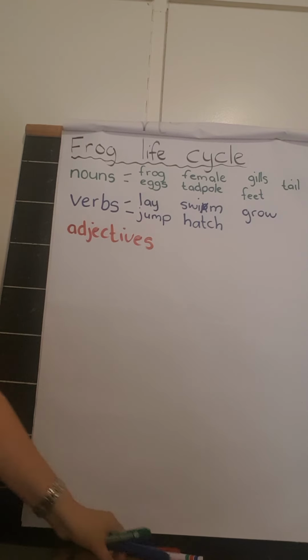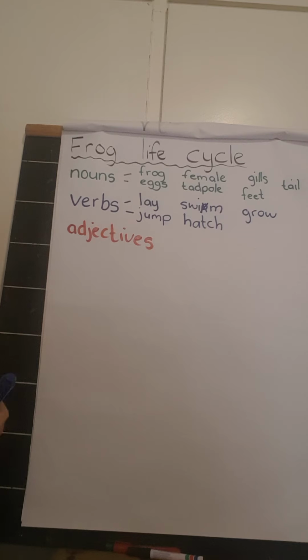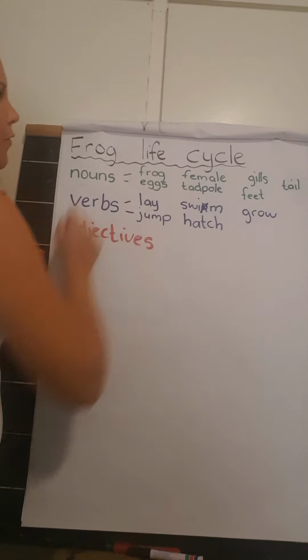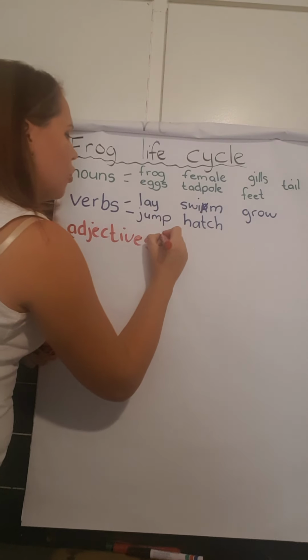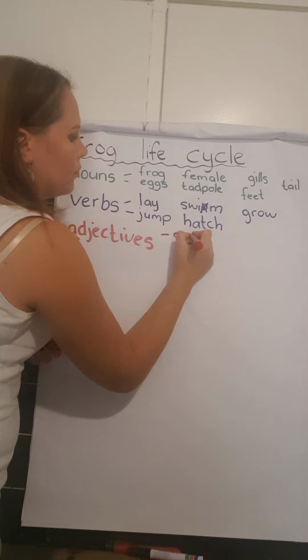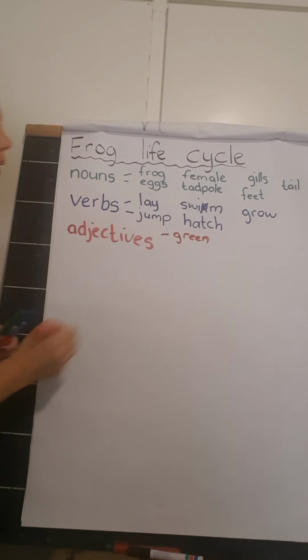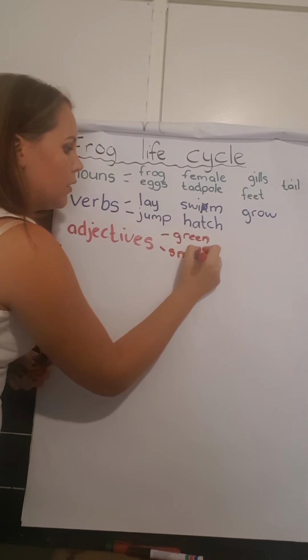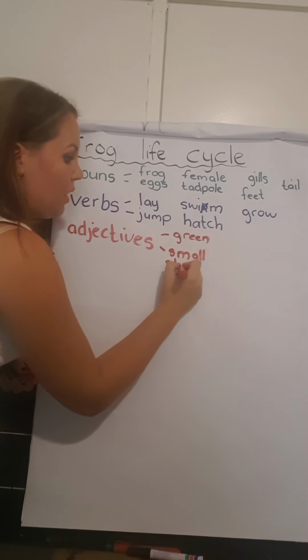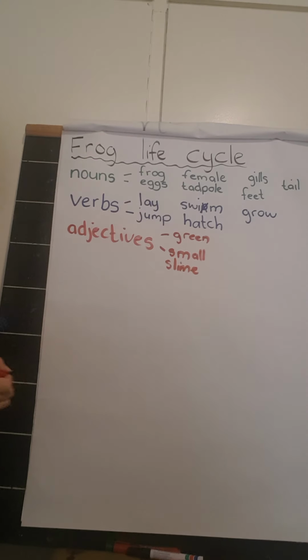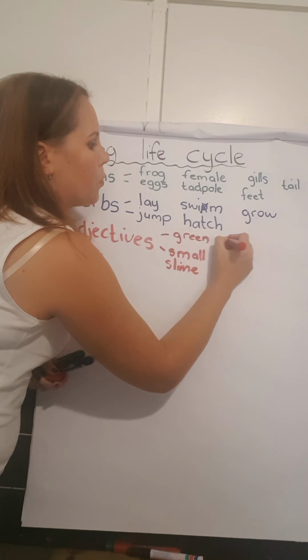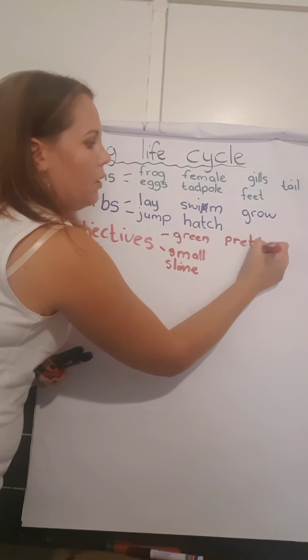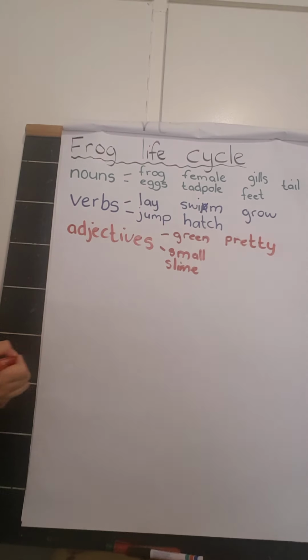All right, adjectives. What are some adjectives that we could use? Adjectives are describing words. So if we think of a frog, a frog is green. The eggs are small. Maybe they're slimy. They've got lots of slime on them. They're covered in slime. A female, maybe you think the female is pretty or green, or she's got a lumpy skin.